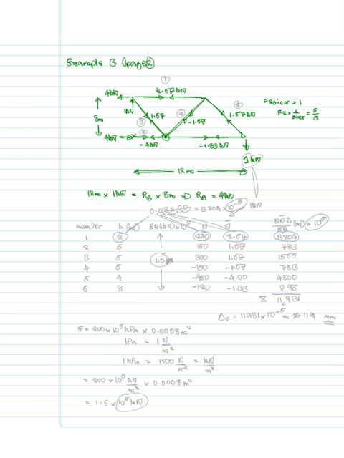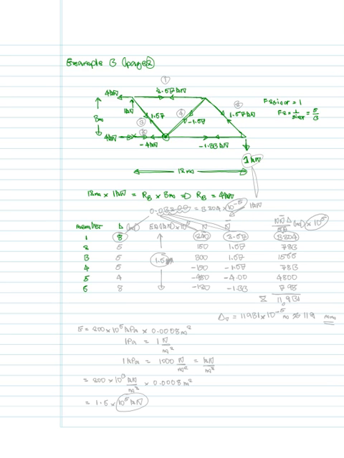So let's now come up with a table. So I'll say member, and then list the members 1, 2, 3, 4, 5 and 6. Now we want to know the length of each member. So the length of member 1, as we've said before, is going to be 8 meters.